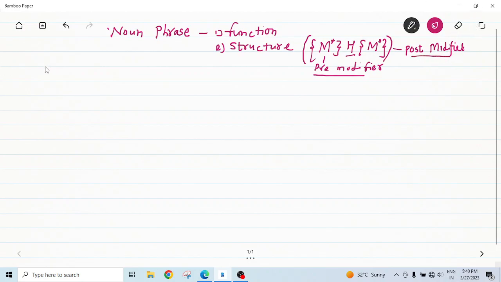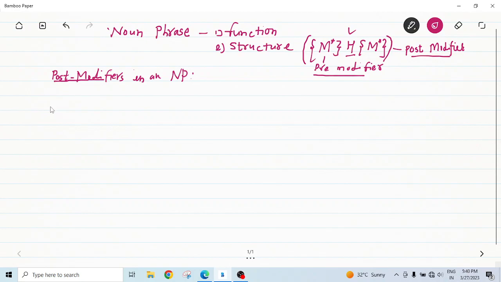So if you have a notebook, write down post modifiers in an NP. We are going to learn today post modifiers, the modifiers that come after the head word.